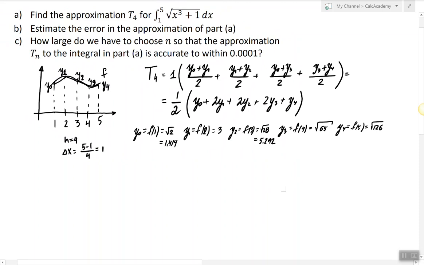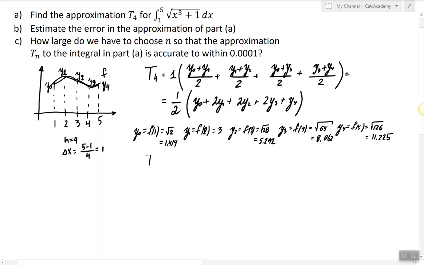The square root of 65 is 8.062, and the square root of 126 is 11.225. And now we just plug it into the formula.